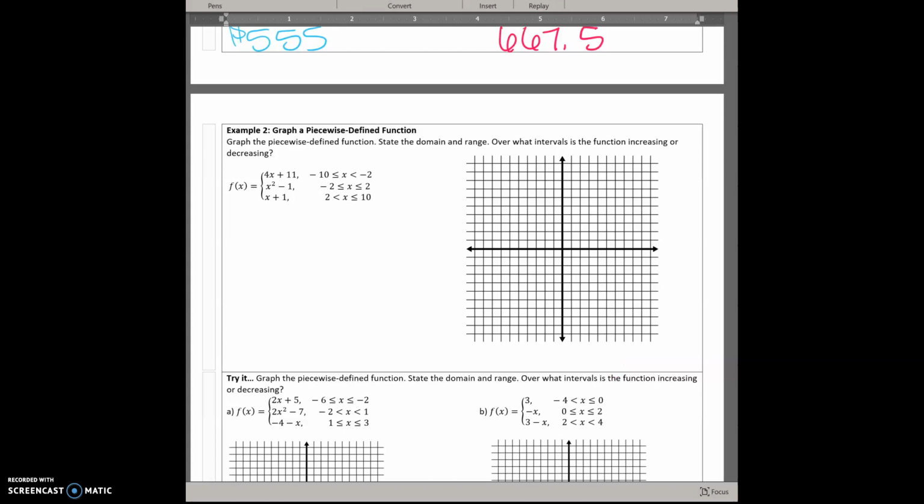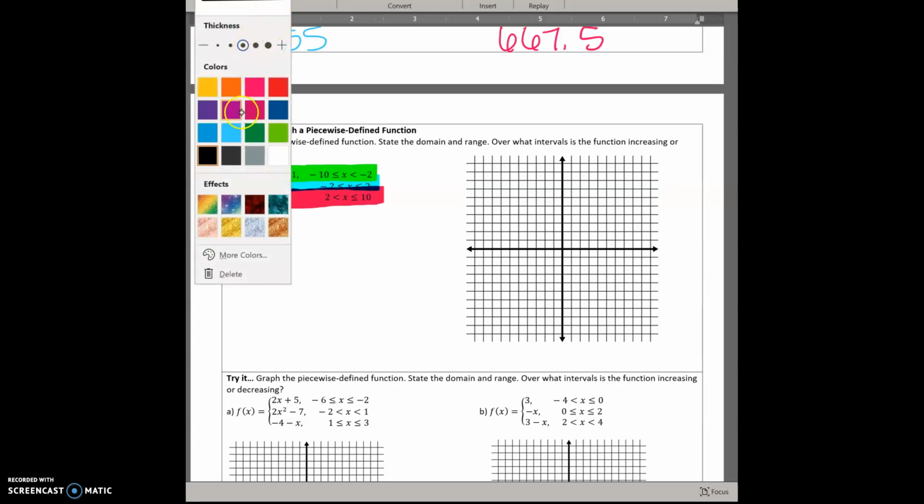Okay, and then for these, we're just gonna go ahead and graph them, but we're going to use different colors so that we can kind of see how things are working. And so I've gone ahead and I've highlighted what colors I will be using. So for the first one, I'm going to graph, it is this green one.